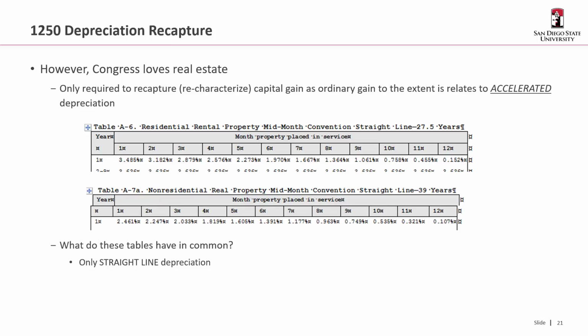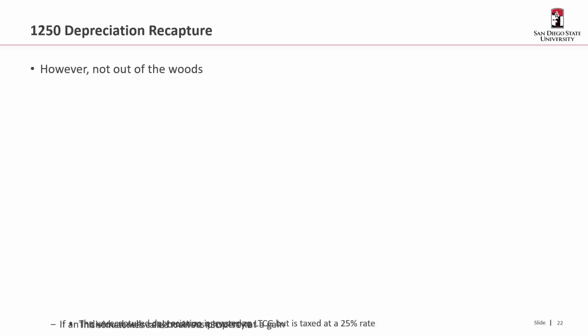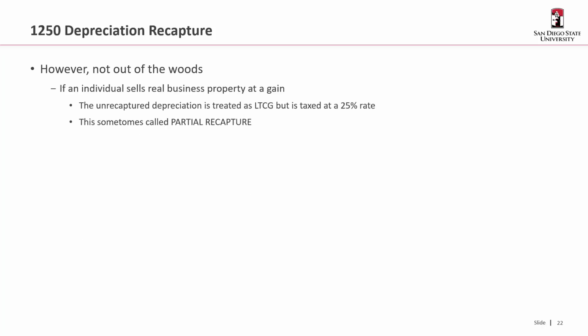So I wish I could stand here and tell you, hey, we're out of the woods. Don't worry about it. Nothing is recaptured under Section 1250. In fact, the term that's commonly used is that the depreciation goes unrecaptured. If an individual sells real business property, to the extent there is unrecaptured depreciation, it is treated as a long-term capital gain, but it's taxed at 25%.